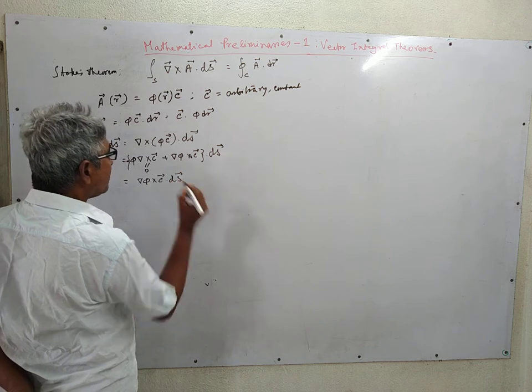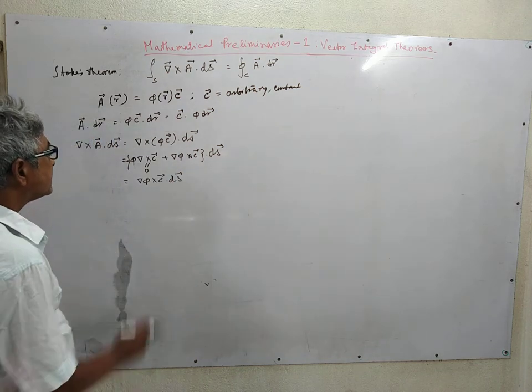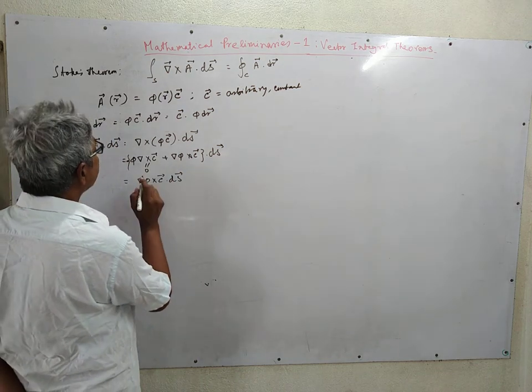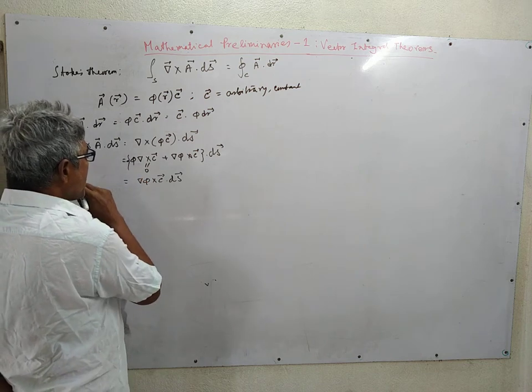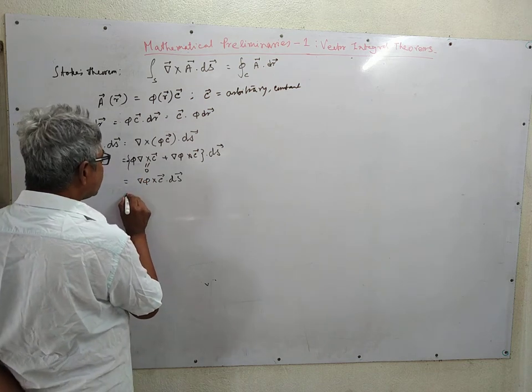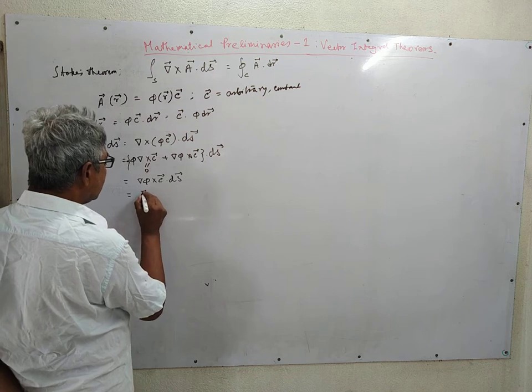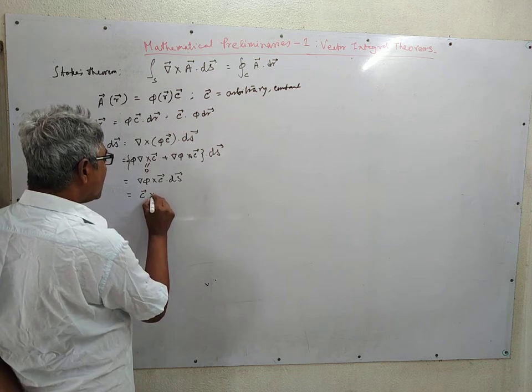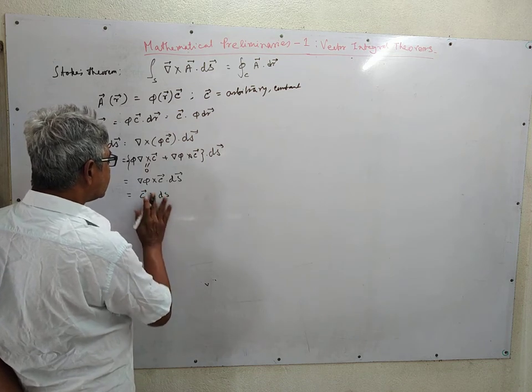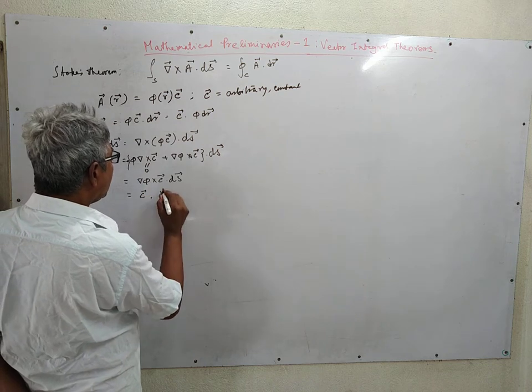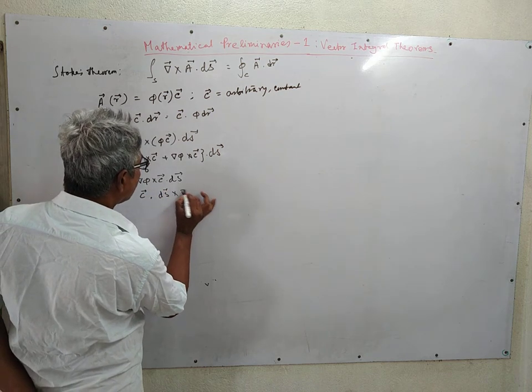This is a scalar triple product involving three vectors, grad phi, C and ds. So we can write it as C dot ds cross grad phi.